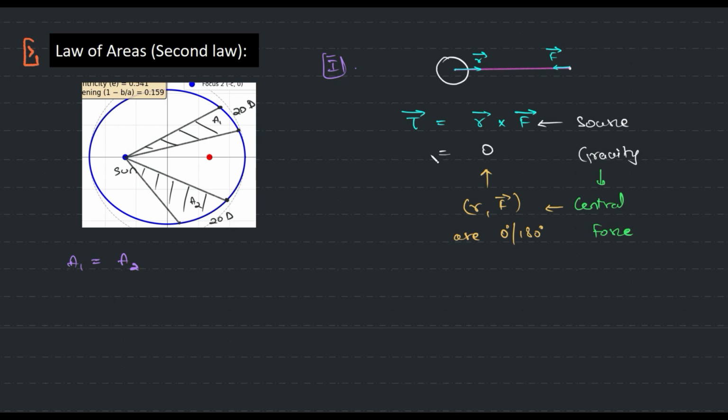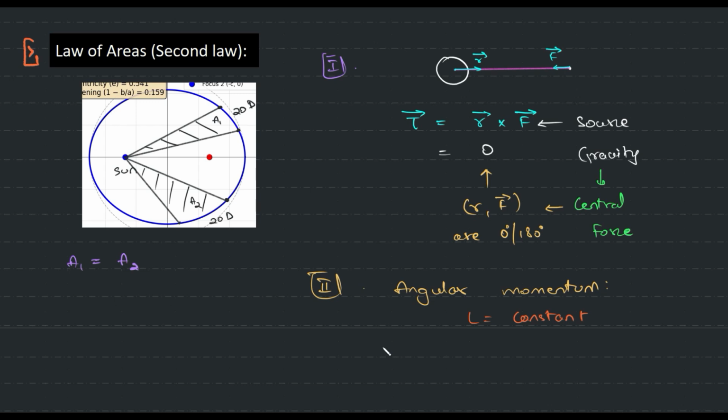You guys agree? All I'm telling is the torque on the planet is 0. Because torque is 0, what happens? As a consequence, what happens to angular momentum? Angular momentum will be constant. But why is that?